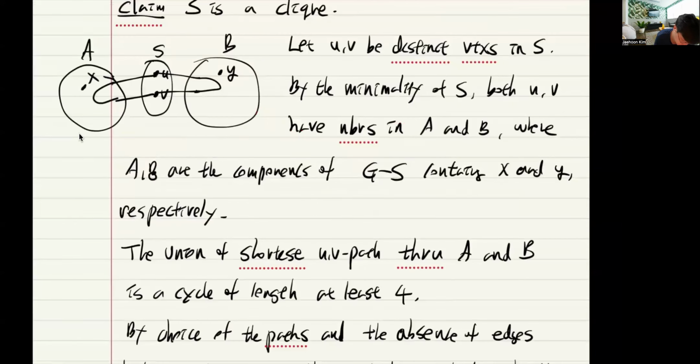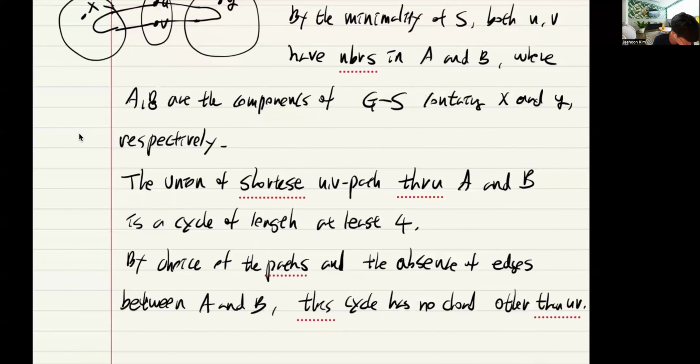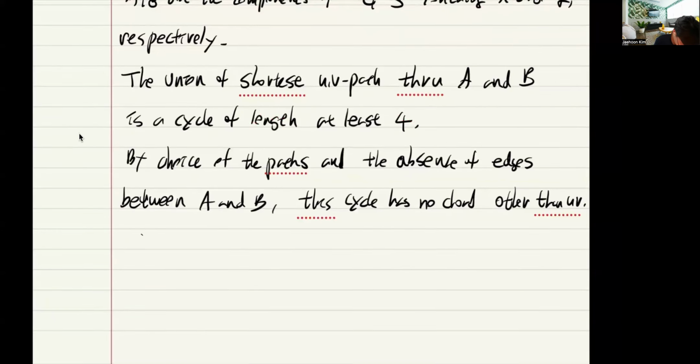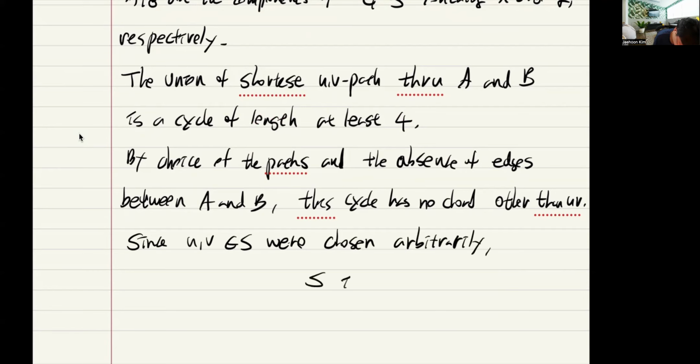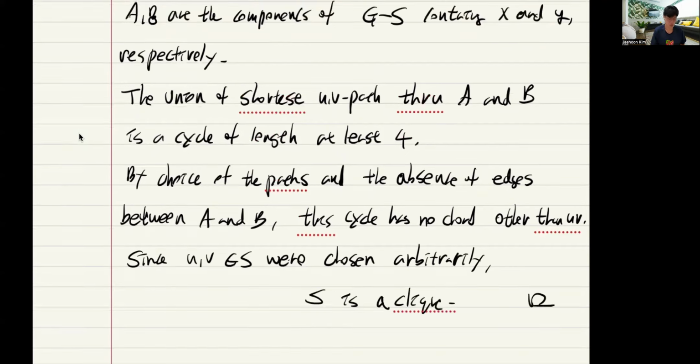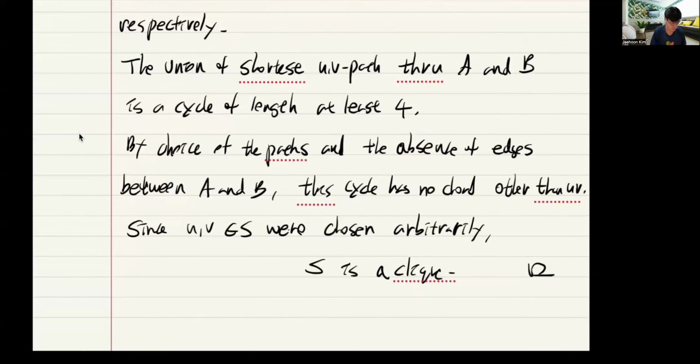The only possible chord is it. And since U, V in F were arbitrary vertices, we conclude that F is a clique. We conclude that S is a clique. Okay, this shows this claim.